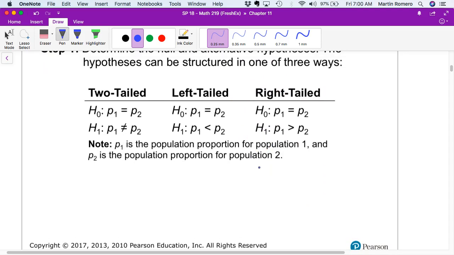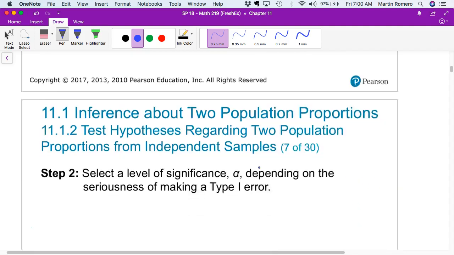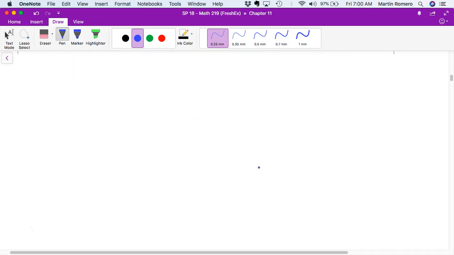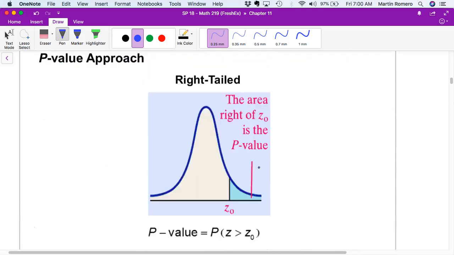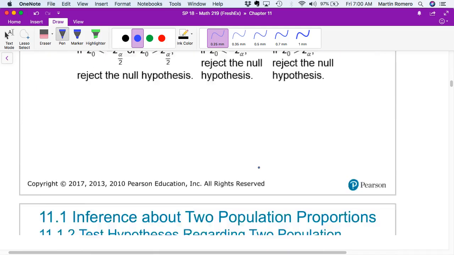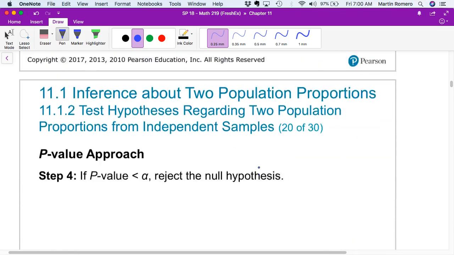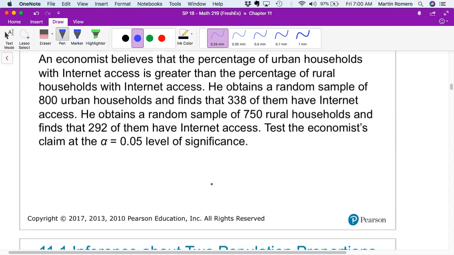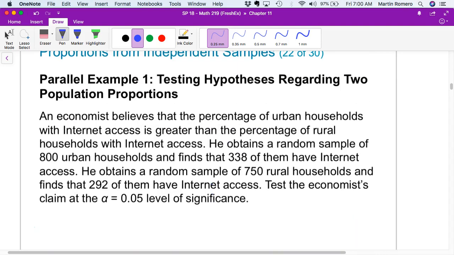Let me get to that example so we can actually see it on the PowerPoint. We'll decide if p is less than alpha, we reject the null hypothesis. State your conclusion. There's the test.